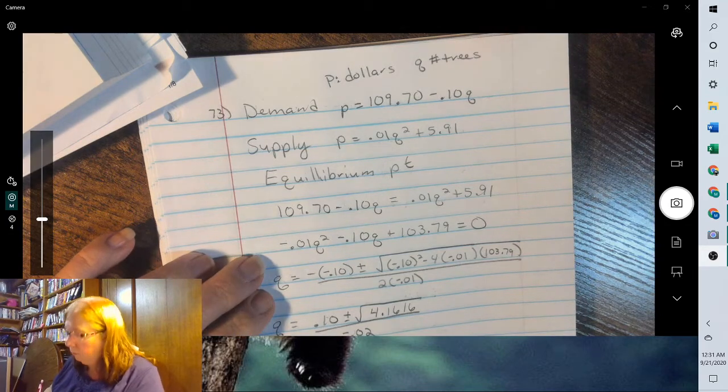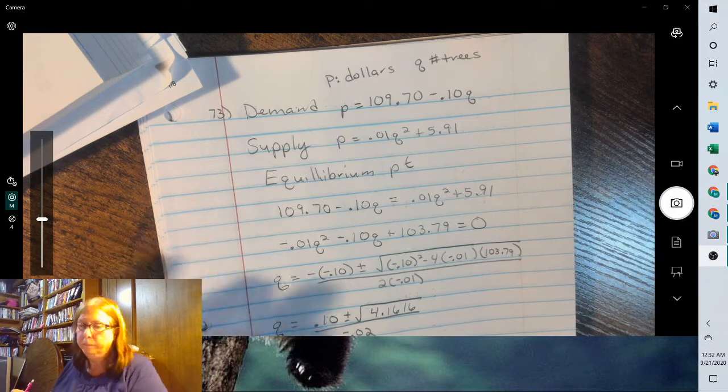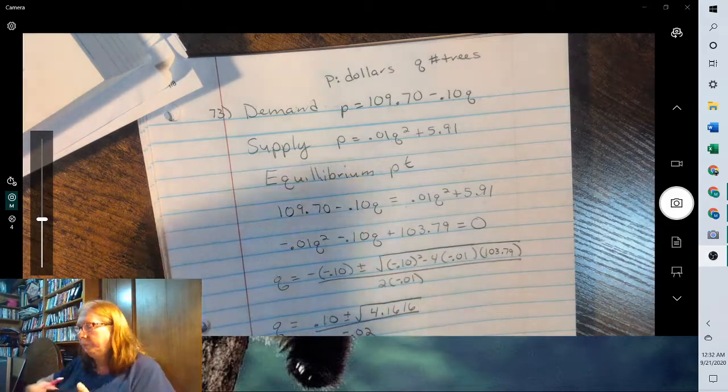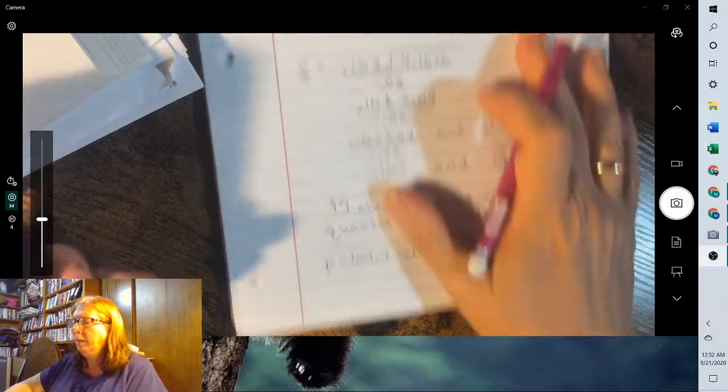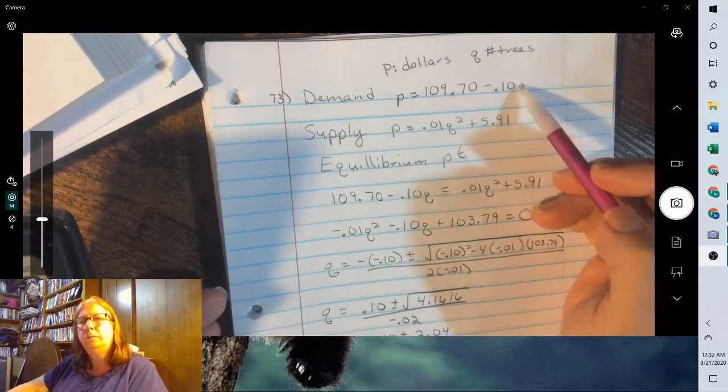But P equals 109.7 minus 0.10 times the 97. So I just took that from this one.